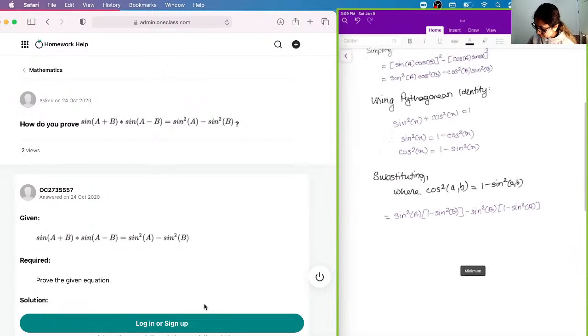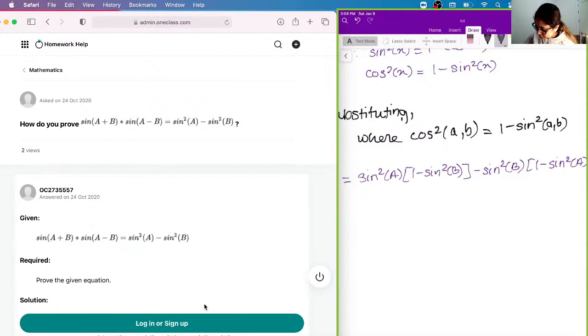What we would get is sine squared a minus sine squared a times sine squared of b.